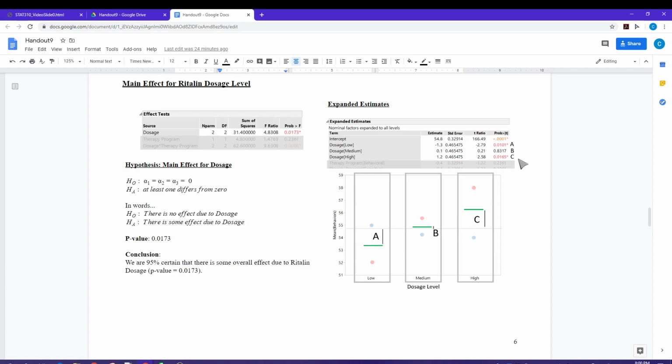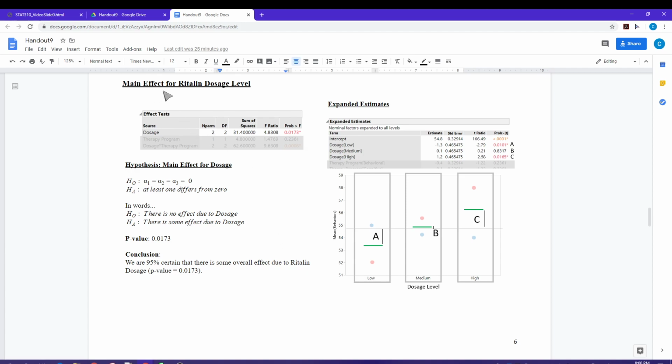Again, that p-value right there, which is for alpha 3, testing whether or not alpha 3 is equal to 0 or something different than 0, is represented right here by that distance. That seems like it's quite a bit of distance, so it looks like I need an effect for dosage level high. So that's what those individual tests are underneath the expanded estimates.